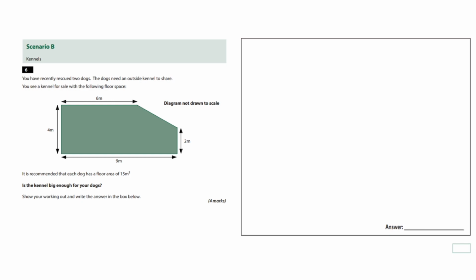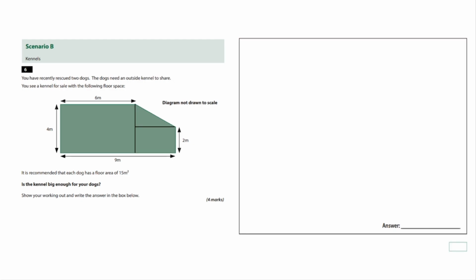Okay, so first of all we need to divide this up into separate shapes to then calculate the area. If I just show you what we're going to do. Okay, so as you can see, I've split this up because when you have an area question which isn't a quadrilateral or is quite irregular, you've got to find rectangles in there so that you can calculate the areas of those and then total them together.